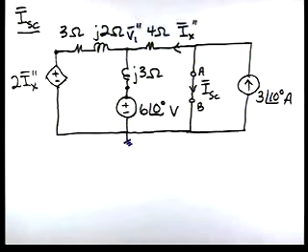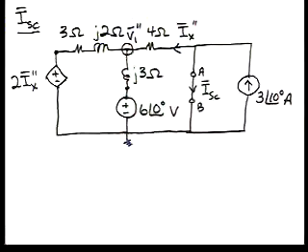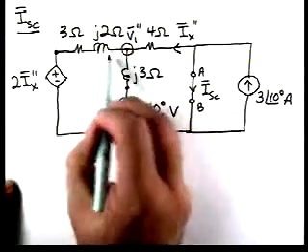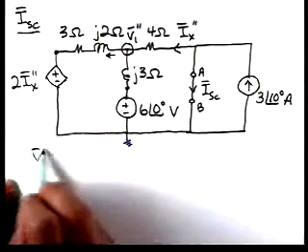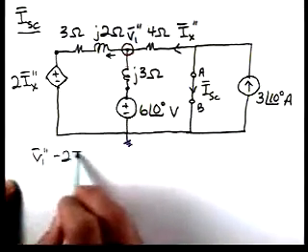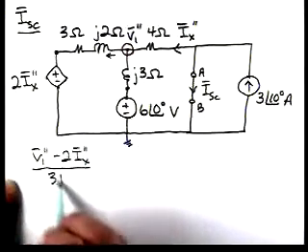Let's apply KCL at this node to generate our single nodal equation. So we'll look at the current this way. We'll have (V1 double prime minus 2 Ix double prime) over (3 plus j2).